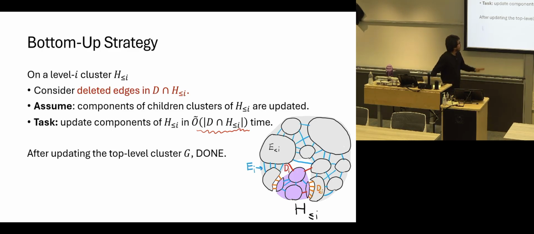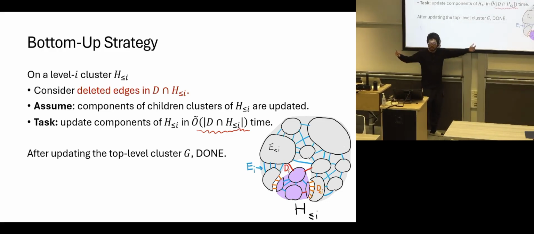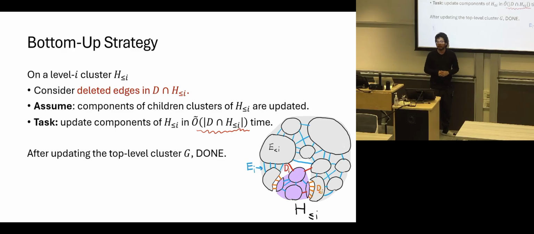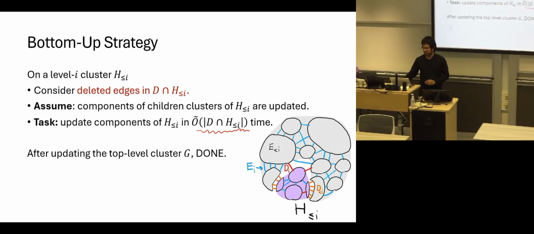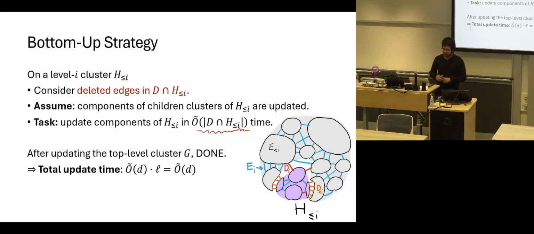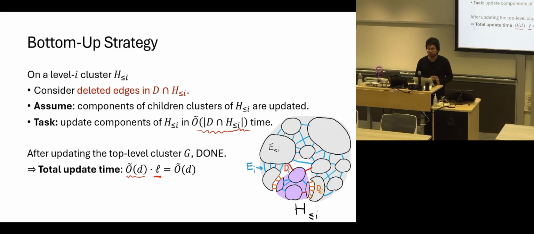Because it means that if we just do things bottom up, then after updating the top level cluster, G, the whole graph, we would know the connected components of the whole graph. Make sense? And the total update time is going to be something like D times the number of levels.